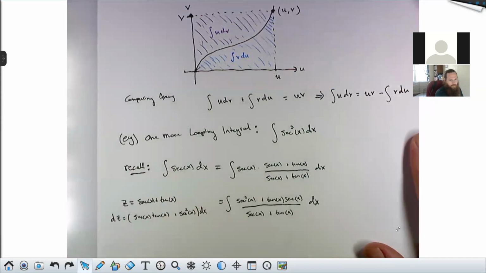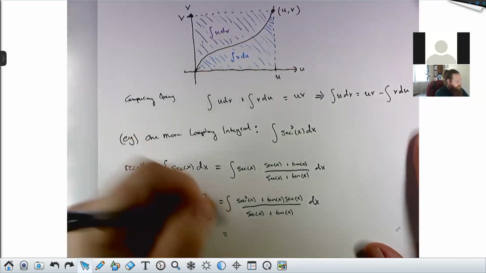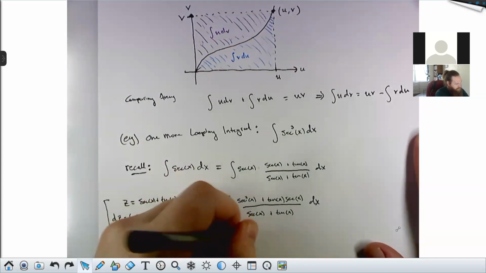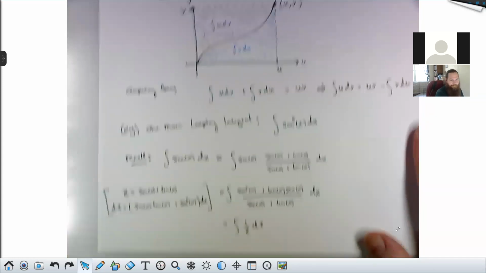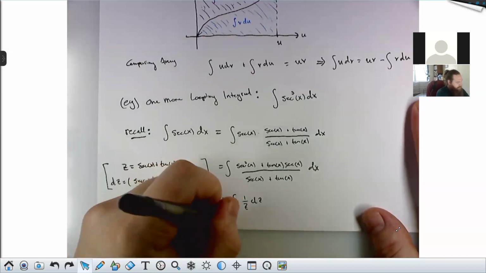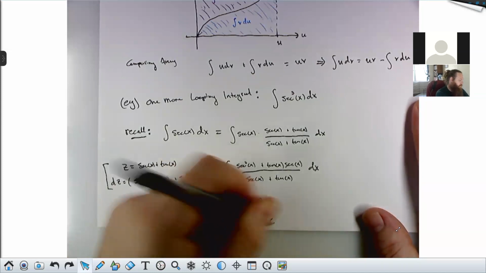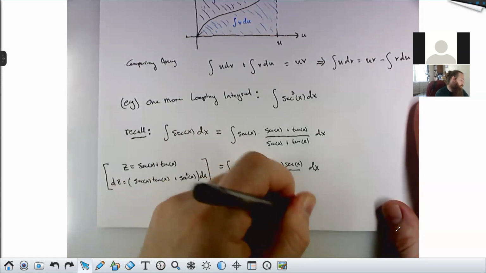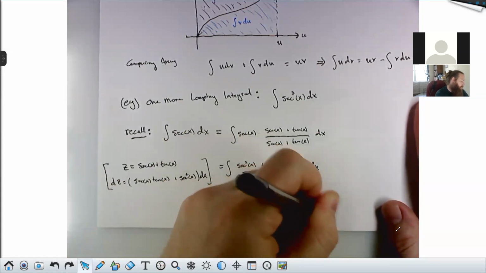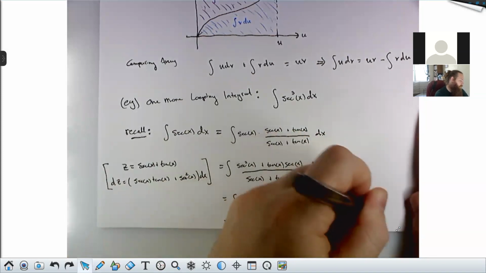And this is exactly what your numerator is. They're in different order, but it's the same thing. So you make this substitution. This integral becomes 1 over z dz, which is the natural log of the absolute value of z plus c, which is the natural log of the absolute value of secant x plus tangent x plus c.